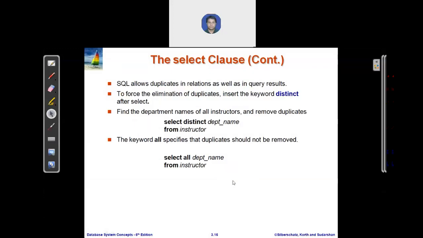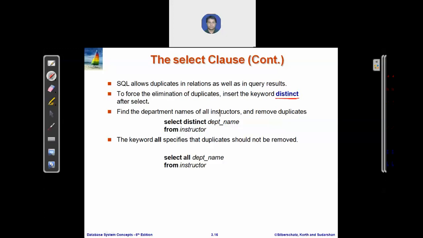Okay. As you know, SQL allows duplicates in relation. Suppose we want to remove duplication from the relation. In some queries we want to remove duplication, so we use the keyword distinct in our query.